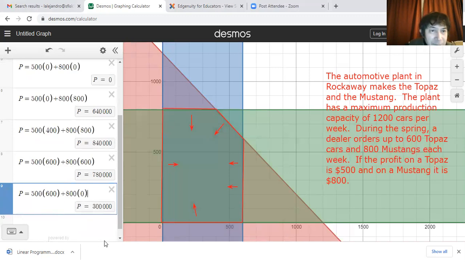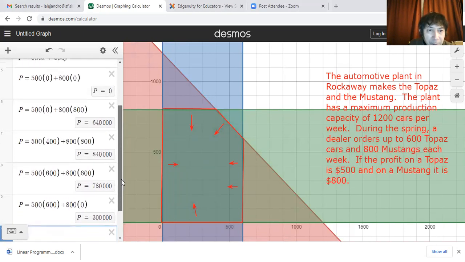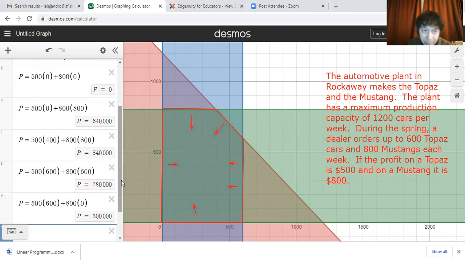And so these are the different computed values. Let us start reviewing them. We have 0 for 0, 0, 640,000 for 0 and 800, 840,000 for 400, 800, 780,000 for 600, 600, and finally 300,000 for 600 and 0.